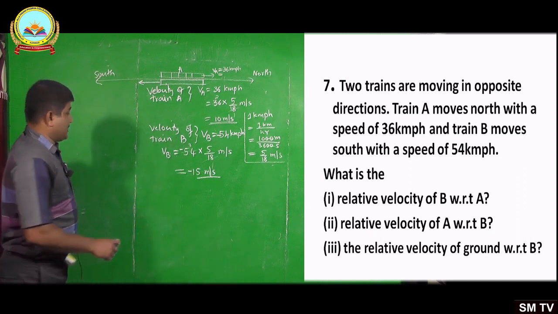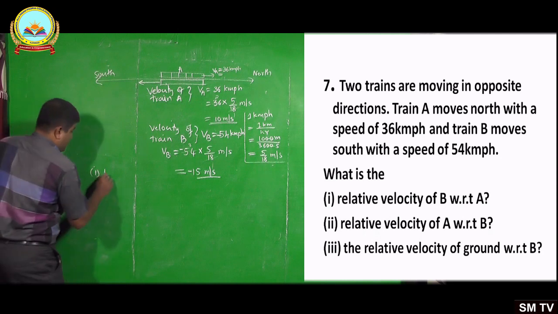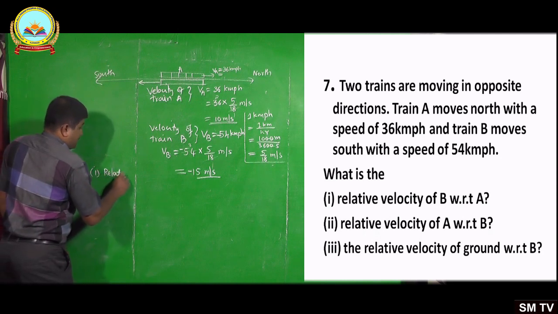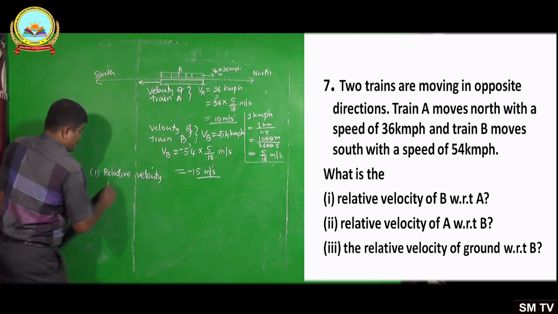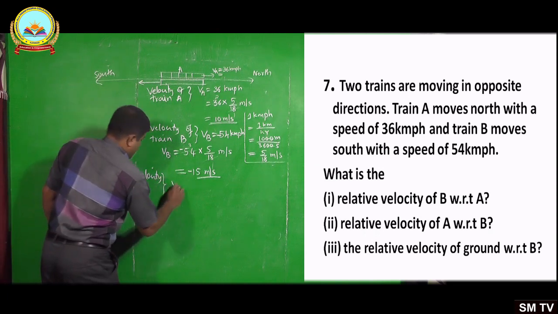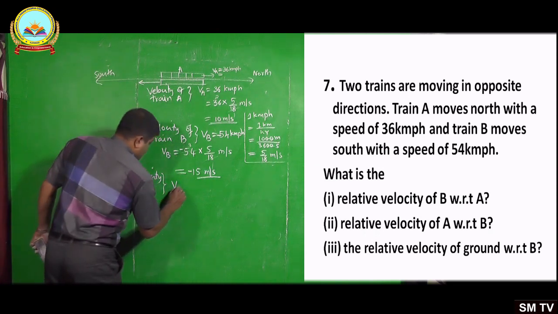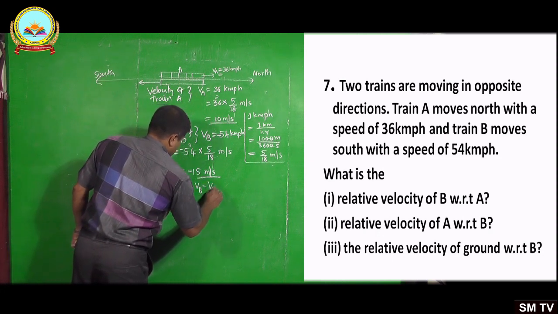Now firstly, calculating relative velocity. The relative velocity of train B with respect to train A is VBA. So VBA equals VB minus VA.